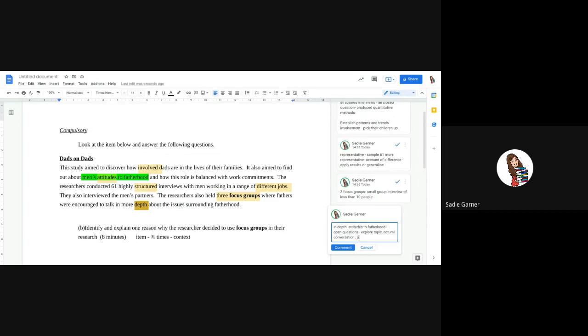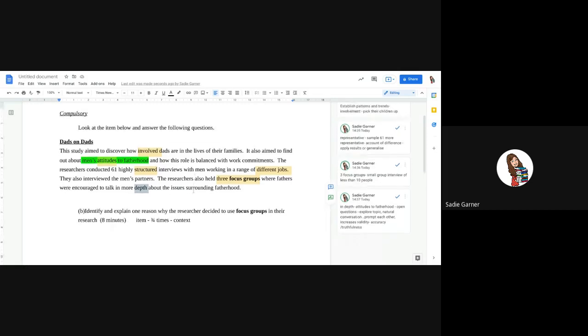And they can prompt each other and kind of jog their memories. So if their children are now, say, 10, they can remind them of what it was like when they were 2 and give examples. They can prompt each other. And this ultimately all really increases the validity. It increases the accuracy or truthfulness of those results.